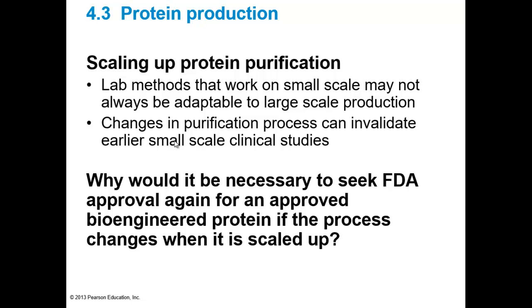So for every process change that happens, then you have to get at least a small scale clinical trial to validate that your protein product has not changed. You have to verify that you have the same protein product, even if you change the production process, because again, proteins are very fragile, and just minor alterations in the production processes may mean that you have to go back to the FDA and get approval for your product.